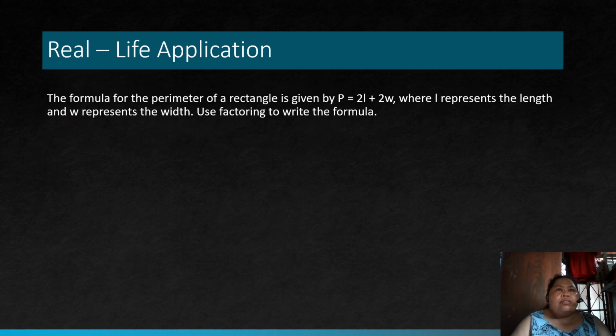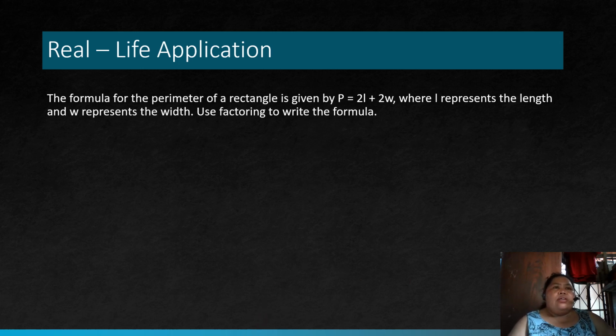Okay, next, for a real life application, we know that the formula for the perimeter of a rectangle is given by P equals 2L plus 2W, where L represents the length and W represents the width. Use factoring to write the formula.